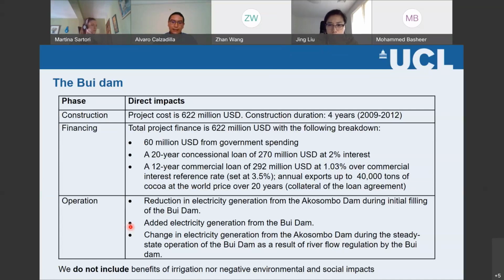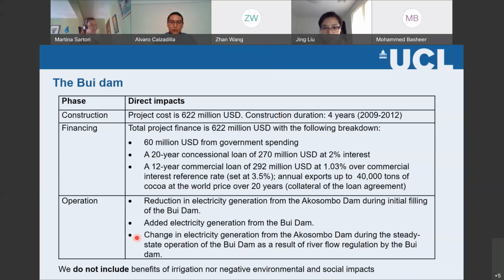And then in the steady state, basically the Buoy Dam operates as in the Akosombo Dam, and the Akosombo Dam changes the electricity production due to the river flow regulation that is happening in the Buoy Dam. So these are the different operation rules regarding the electricity production in the two dams in Ghana.